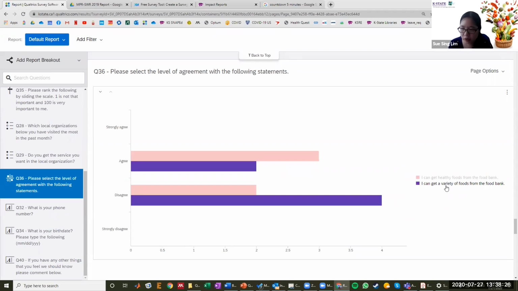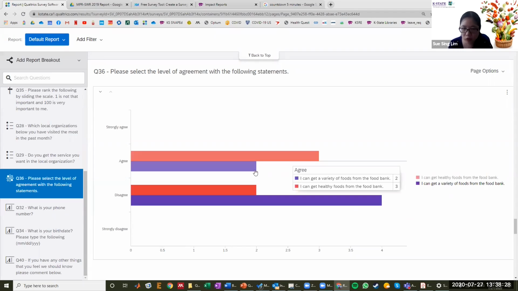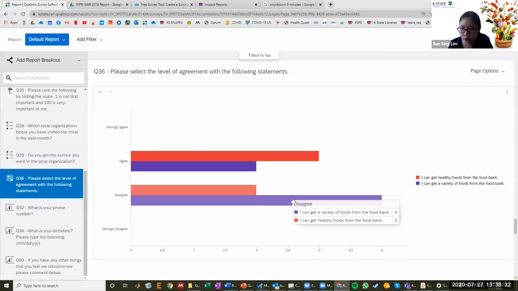I can get a variety of foods from the food bank, that's purple color. Only 2 of you agree, but 4 of you disagree. So what does that mean? It means that community members are not getting a variety of foods from the food bank, and is this something you want to consider to talk to your food bank personnel about?